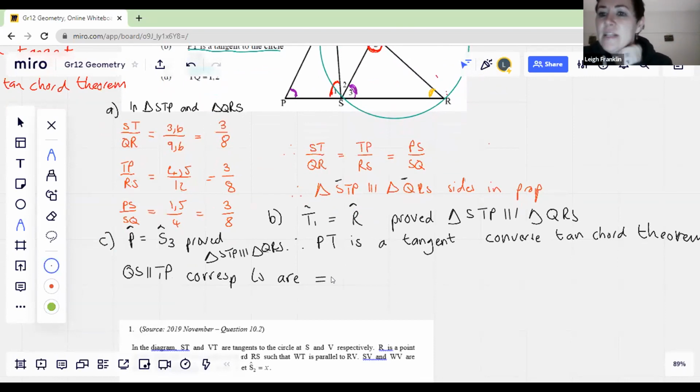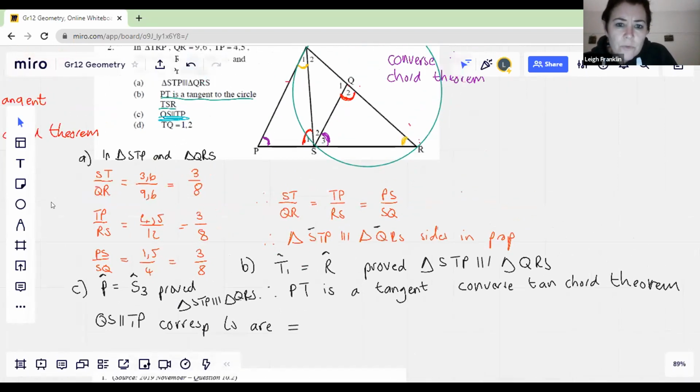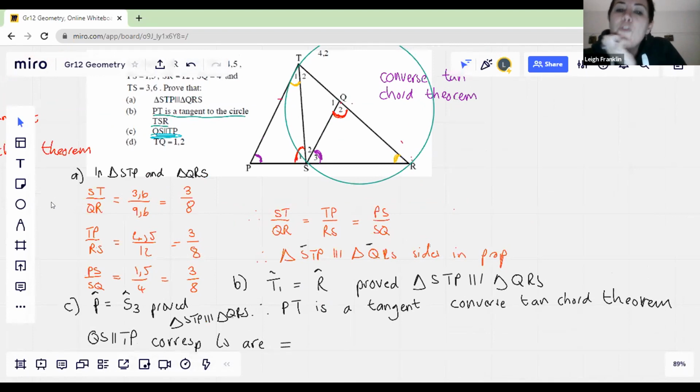Ma'am? Yes, Sabahle. Ma'am, can you say QS is parallel to TP and the reason could be line drawn from center of a triangle? Parallel line drawn from center. But you see, we don't know that we've got a center though, Sabahle.